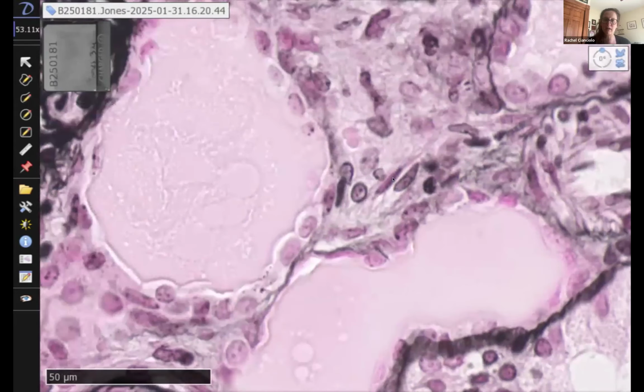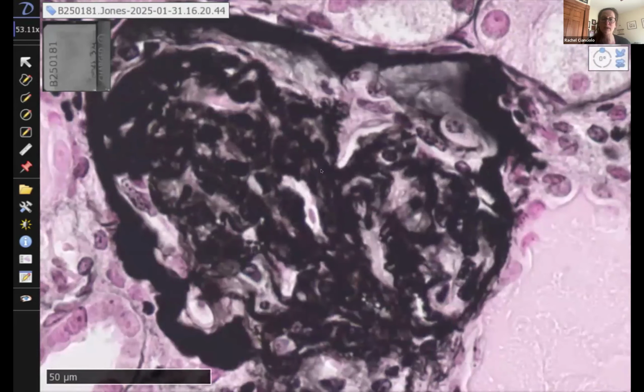But if you go up here to our glomerulus, this one is globally sclerotic, so you can see how it is completely black. It's because there's too much matrix that the glomerulus already made. It's just normal matrix that the glomerulus makes, but there's so much of it, and you can't really see the capillary lumens anymore. The glomerulus is shrunken and on its way out.